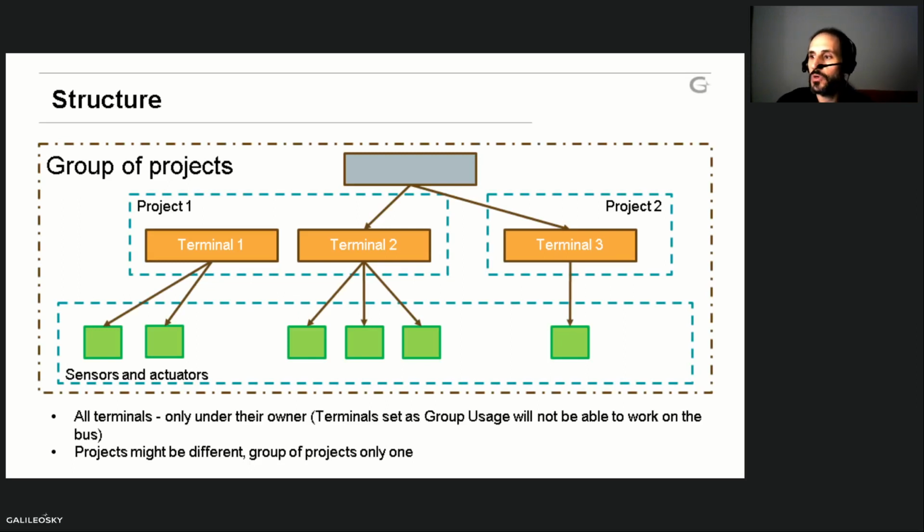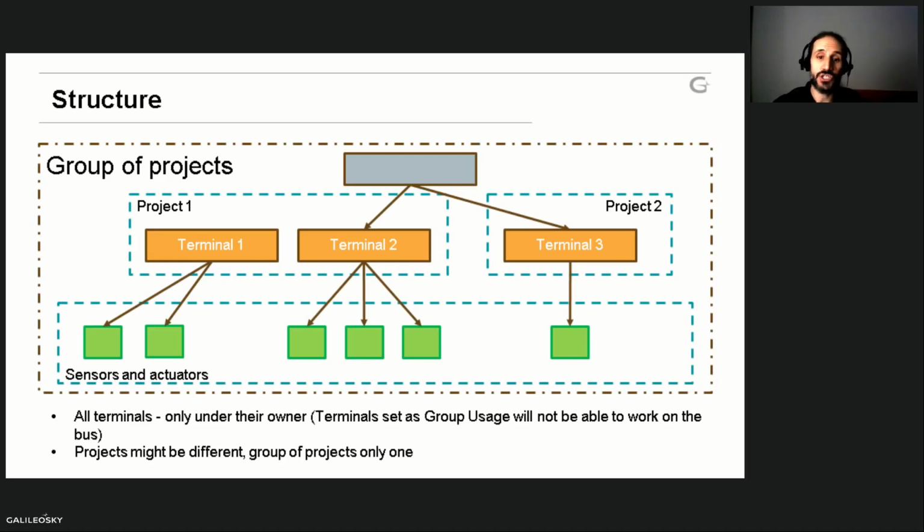And then you have a second project in which you have the machines in charge to water the field. Instead of a sensor, we will have an actuator. Again, it's just an example.